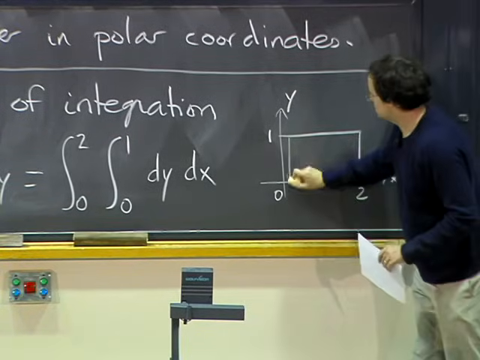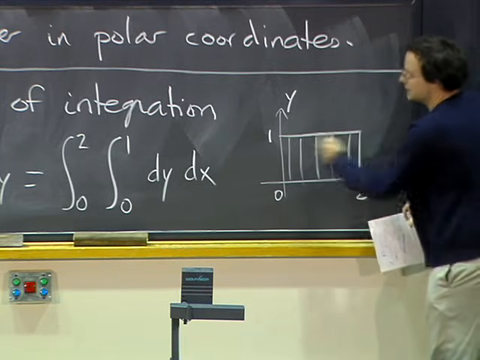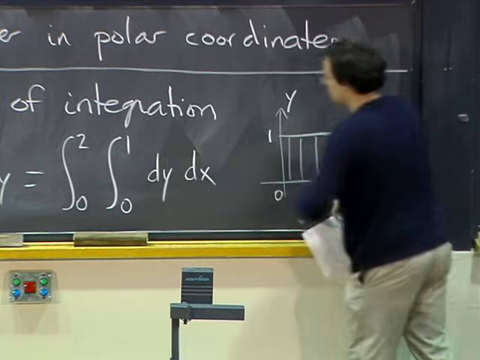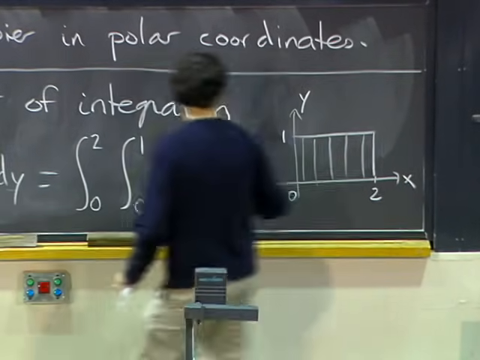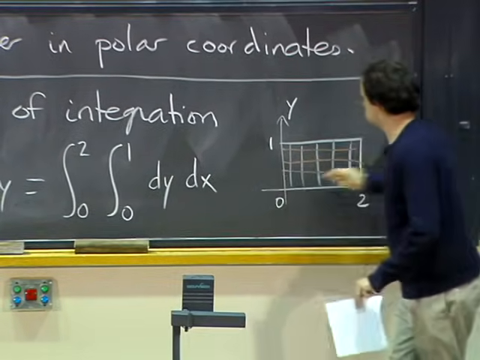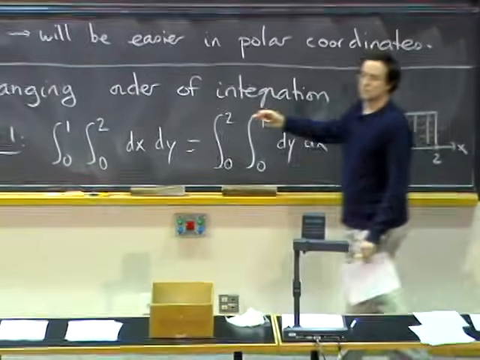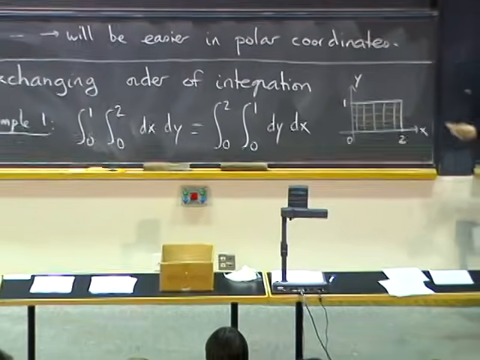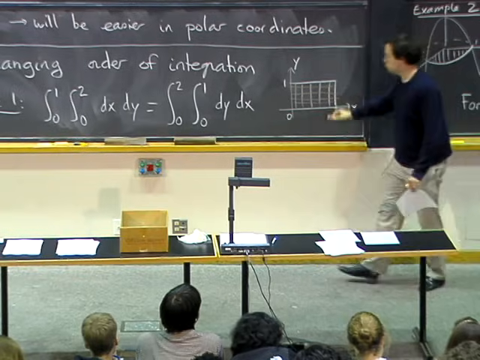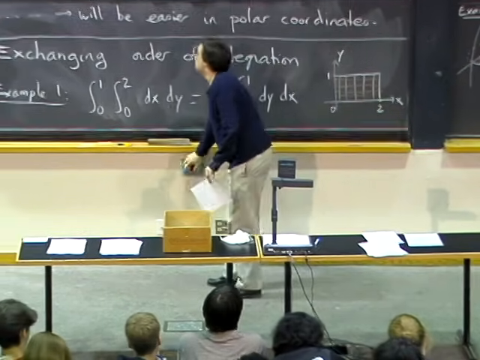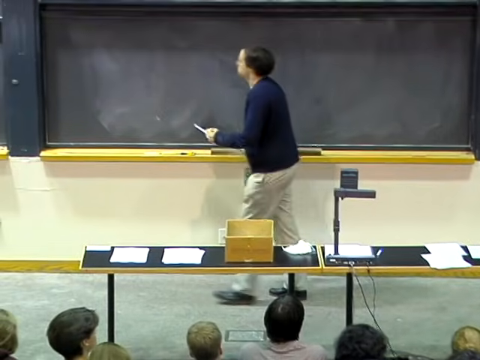So if I slice it this way, you see that y goes from 0 to 1 for any x between 0 and 2. If I slice it that way, then x goes from 0 to 2 for any value of y between 0 and 1. So here it works. But in general, I have to draw a picture of my region and see how the slices look both ways. Okay, so let's do a more interesting one.